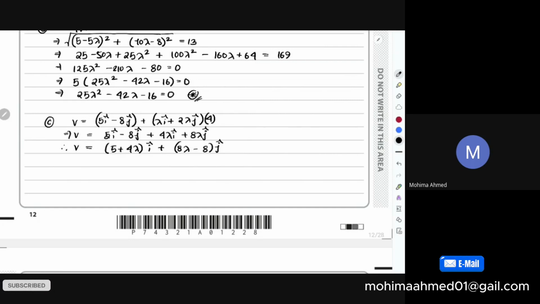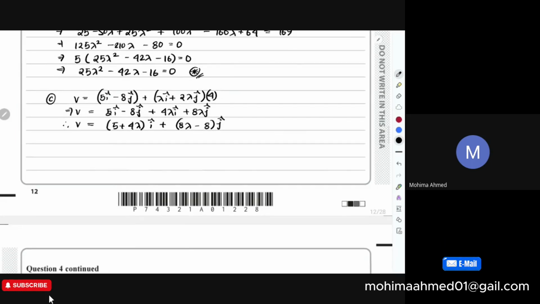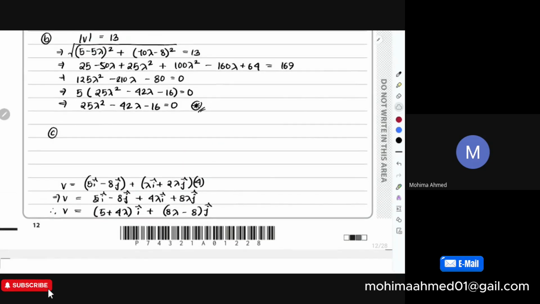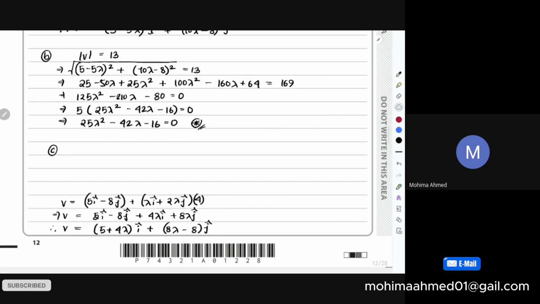Now again, I want to find out the direction only. The problem is that with this expression, I cannot find out the direction. We have lambda there. So from the previous equation, I had to calculate the value for lambda.